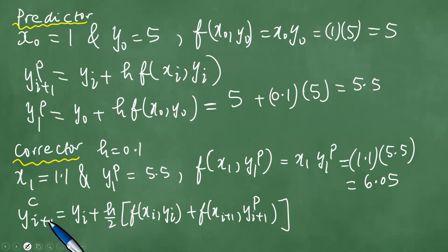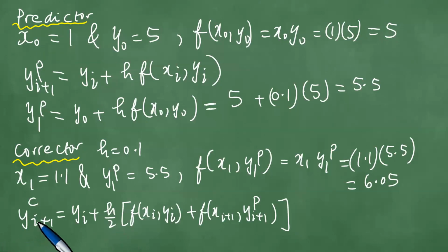Now, if this is the corrector, at this point, what is y1 corrector? It happens when i is 0. So y1 corrector is y0 plus h over 2.